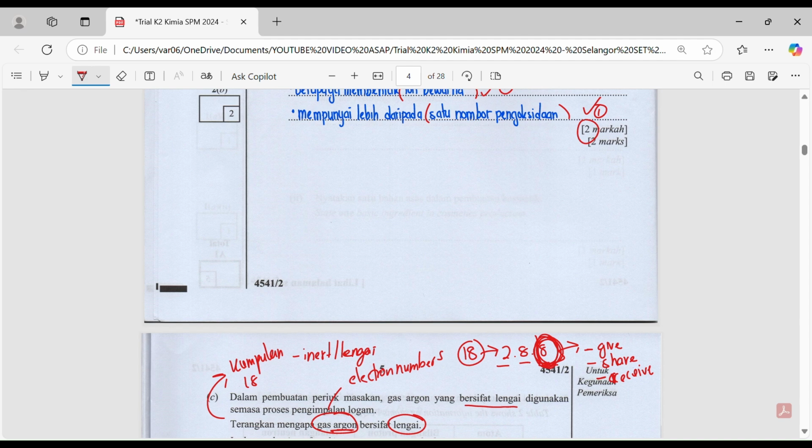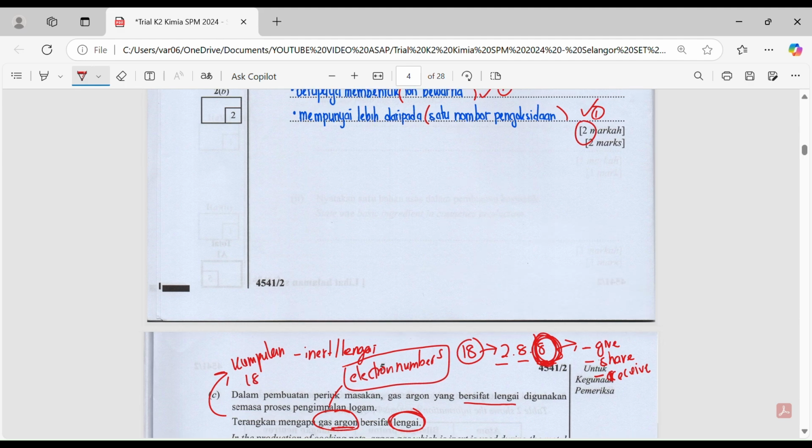Stable electron octet configuration. This is why gases in kumpulan 18 are all inert, right? So if let's say they ask why it is inert, kaitkan with its electron numbers. Alright? Remember, sifat kimia dipengaruhi dengan electron numbers. Specifically, their valence electron. Electron valence.